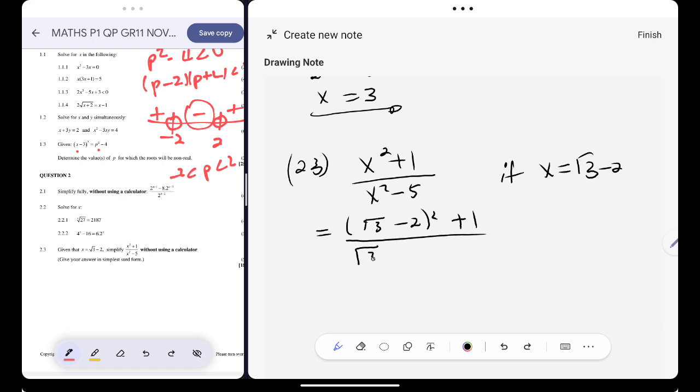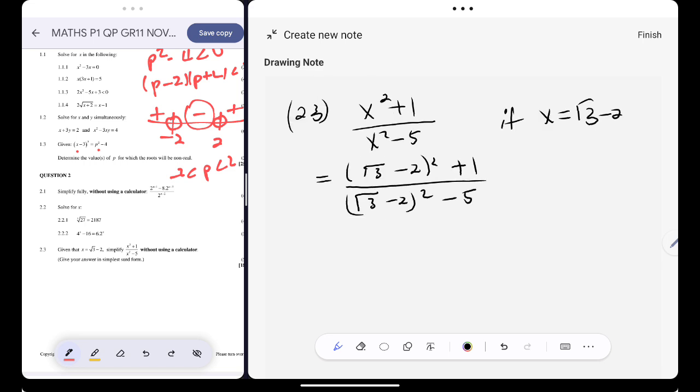There at the top, for me to remove the brackets, I must square the first term. I'll get 3. And then to find the middle term, I must say root 3 multiplied by a negative 2. I'll get a negative 2 times root 3. And then I'll multiply that with the 2 there at the top. I'll get a negative 4 root 3, and then here it will be a plus 4, but I still have a plus 1 outside.